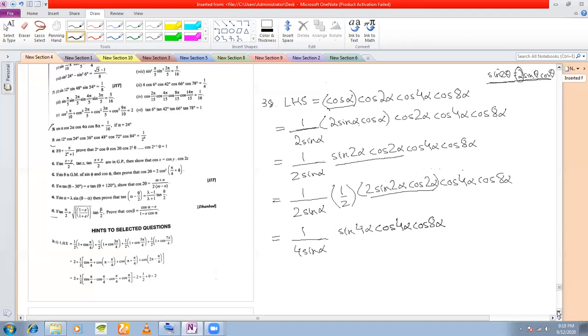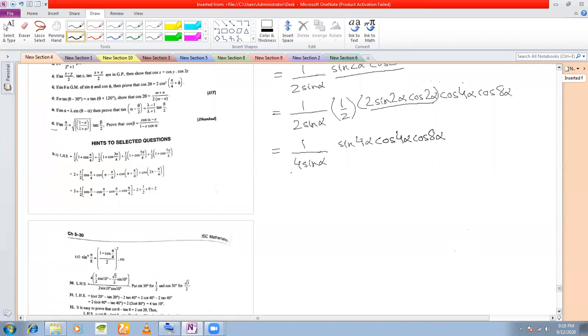Next, the same technique you apply. 1 by 4 sine alpha, again you take a half here. And you write this as 2 sine 4 alpha cos 4 alpha, and this cos 8 alpha remains as it is.